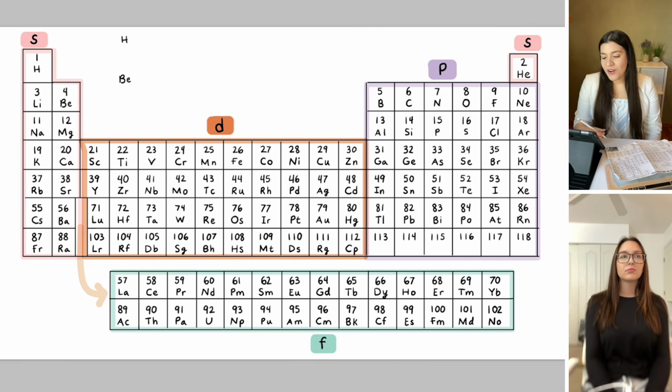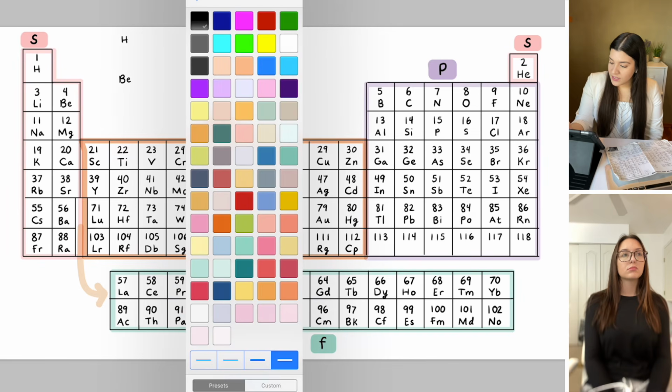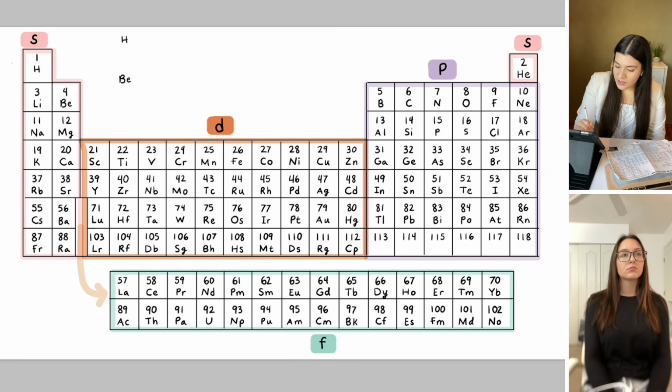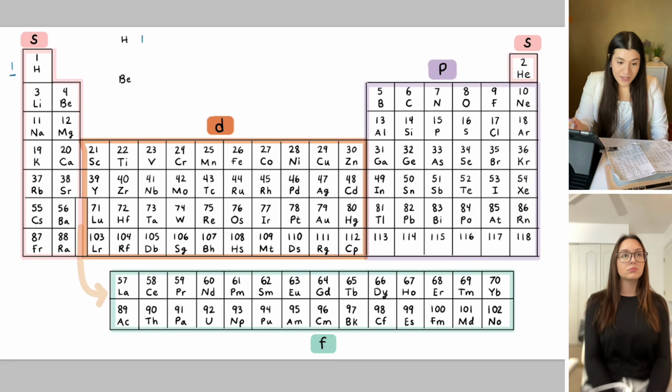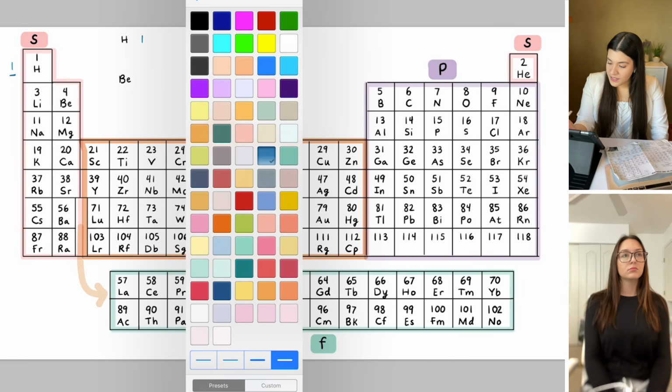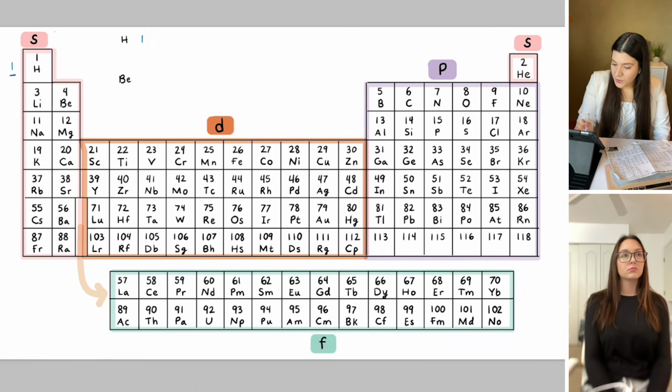So if I were to start off with writing the full electron configuration for, let's say, hydrogen. I'd see, okay, this is the first row, and I know that that's in the s location. So that is 1. I'm getting that 1 from the row it's in. And then I know this is s because it's telling me right here.